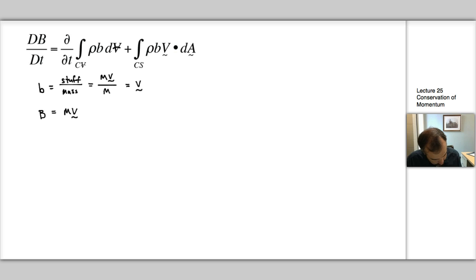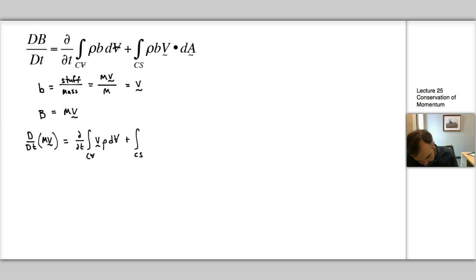So we're going to get d over dt of mv is equal to d over dt integral over the control volume of v rho dV plus the integral over the control surface of v rho v dot dA. That is the Reynolds transport theorem with momentum plugged in.